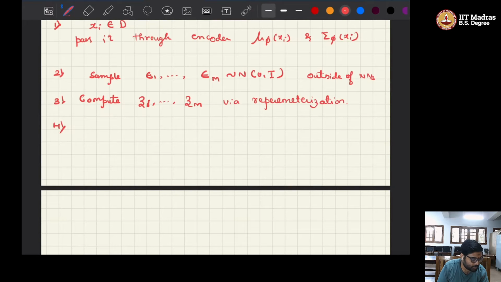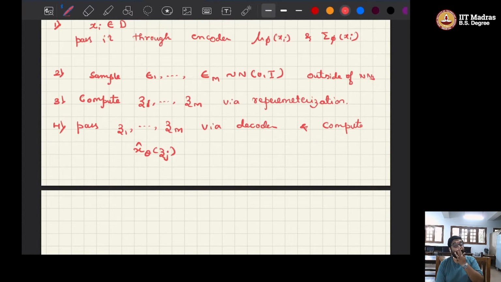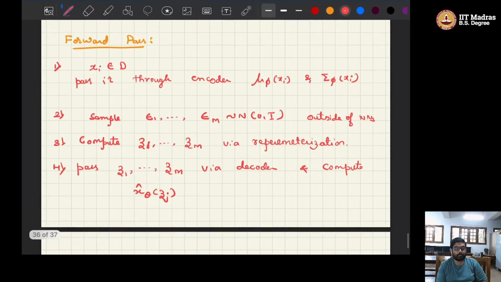Then the fourth step, you pass these z1 till zm via the decoder, and compute x cap theta of zj. Now this is what you do. This is your forward pass.